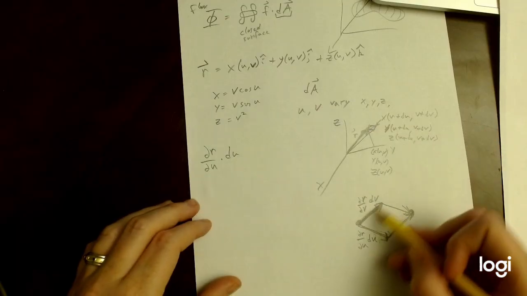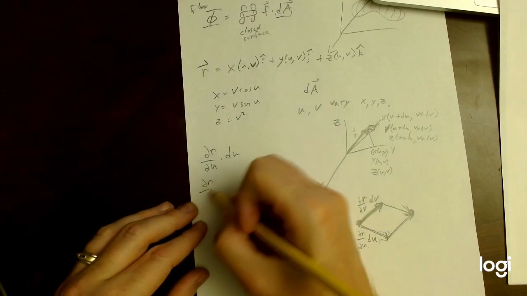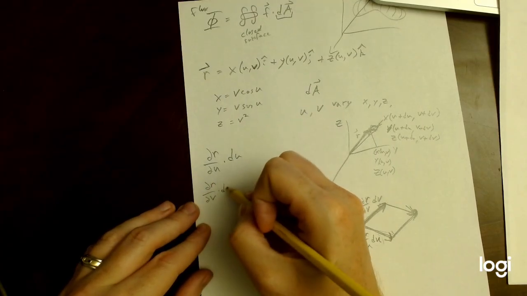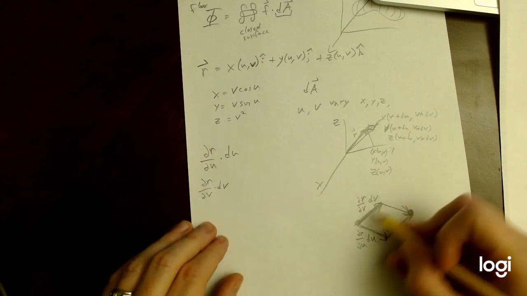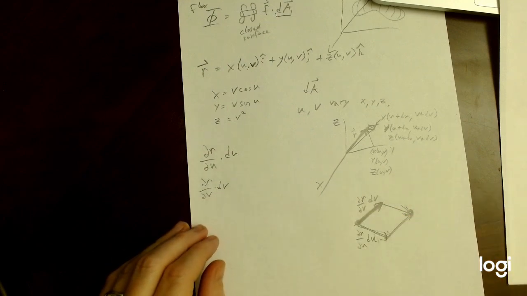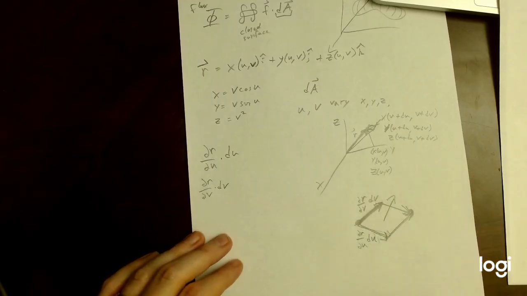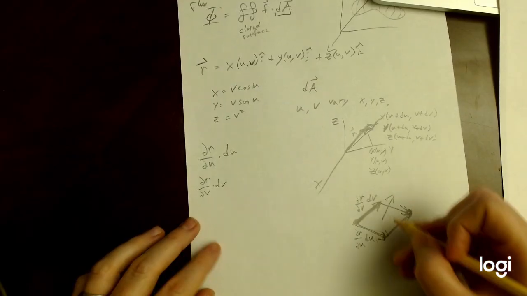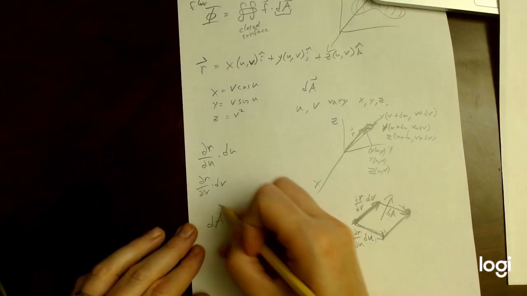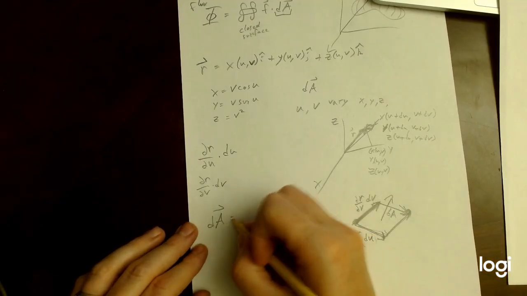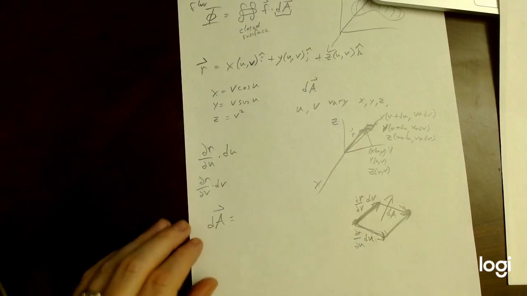The same is true as I change v: dr/dv times dv will also be tangent to the surface. I want something that's perpendicular to the surface to find my dA vector, so I'm going to take dA in a vector sense as the cross product between these two vectors.